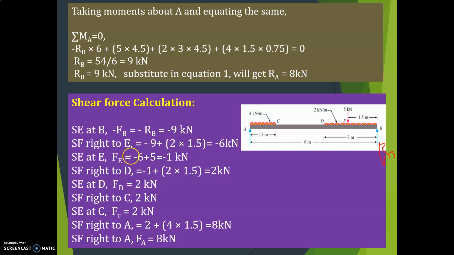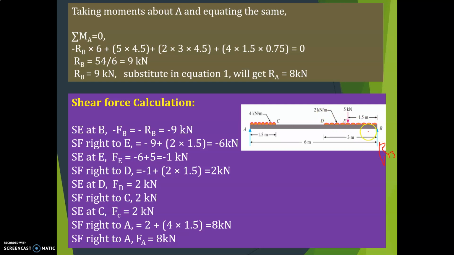Next, shear force right to E. What is that? Minus RB plus this UDL, 2 into 1.5. Why plus? Because this is acting in the downward direction. For a UDL you have to multiply by the distance.